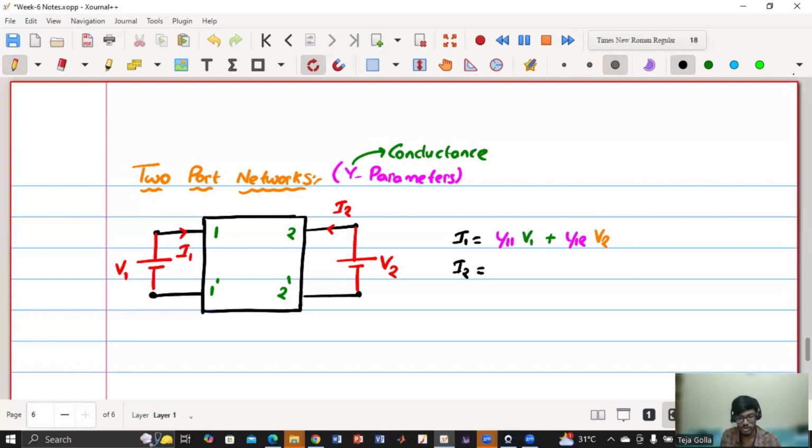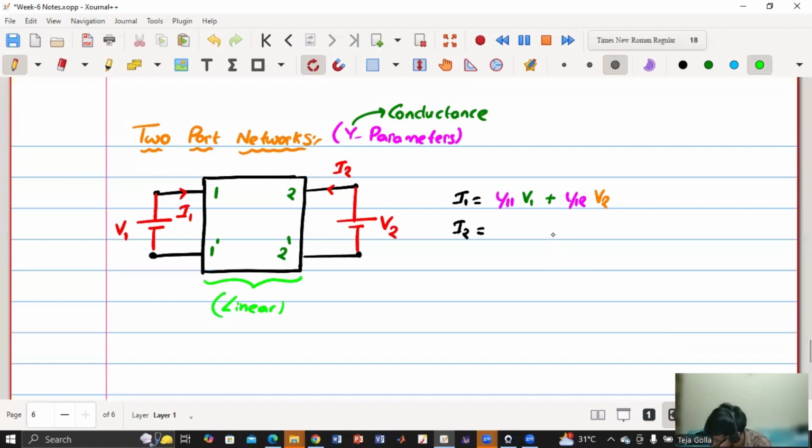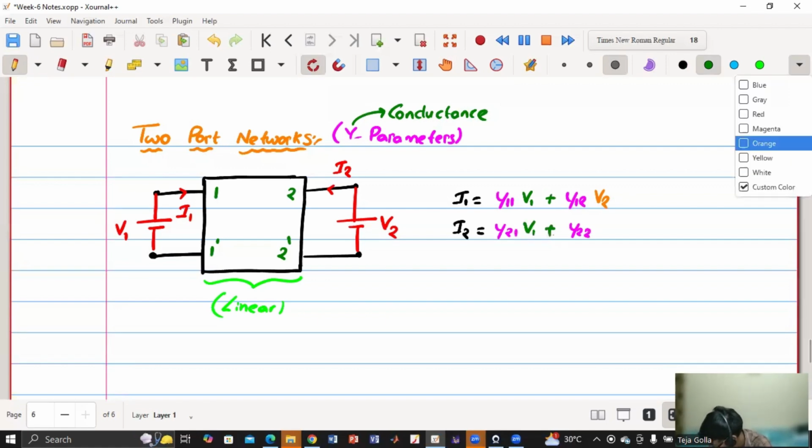So I1 will be a function of V1 and V2, and it will be linear, and I2 will be a function of V1 and V2. And note that this is only applicable for linear circuits. So linear means independent voltage sources are outside, so it will be resistors and dependent sources. Now I2 will be Y21 into V1 plus Y22 into V2.